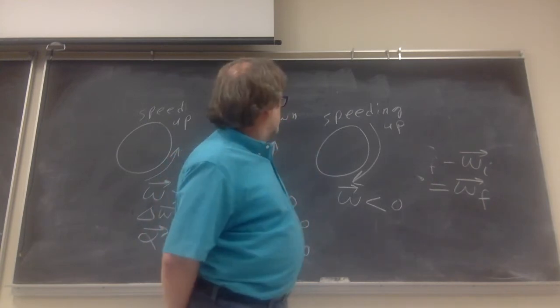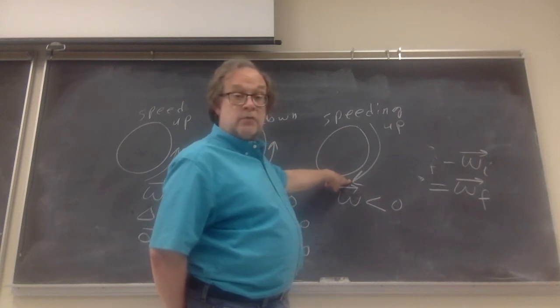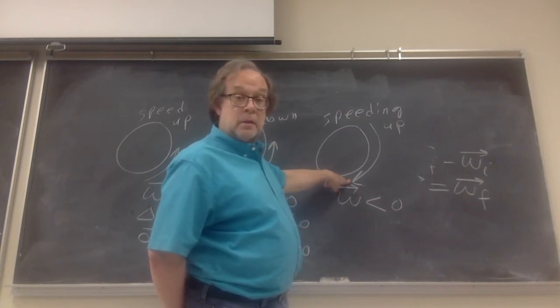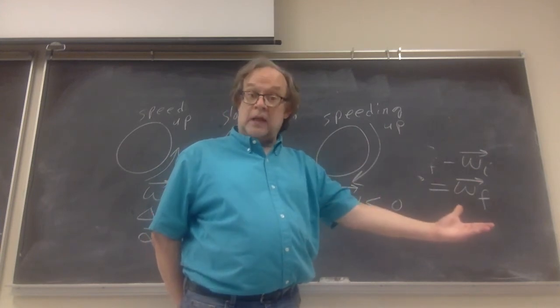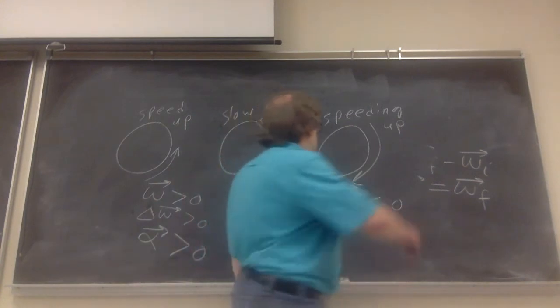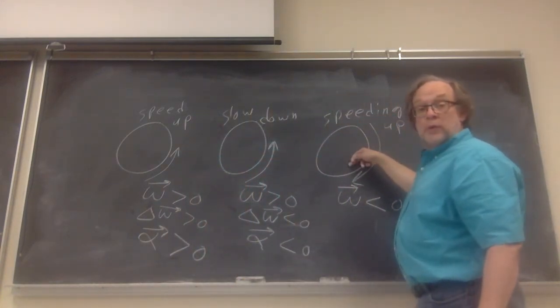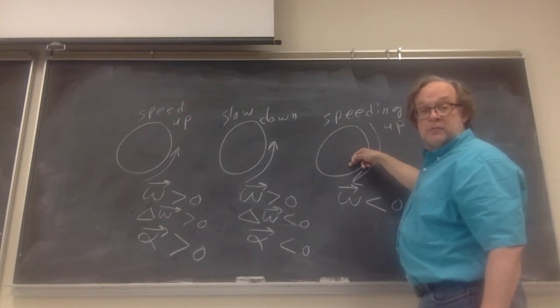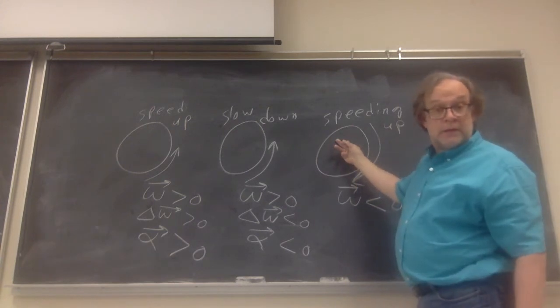In other words, if you're moving in a negative way and speeding up, you're having more and more negative velocity added on. Negative 1 radian per second while moving negative, and then speeding up would mean 2 radians per second while moving in the negative sense.